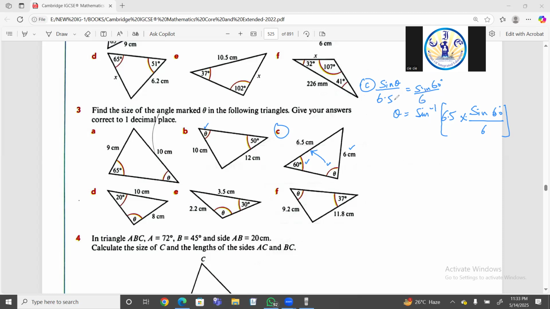Now, first of all, I shifted this 6.5 to the other side. It got multiplied with this fraction. And then I shifted this sine to the other side, written as shift sine or sine inverse. Now I just need to calculate the values.